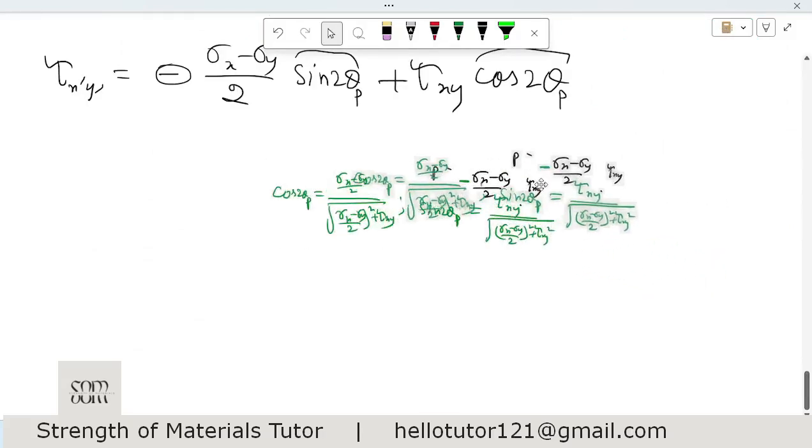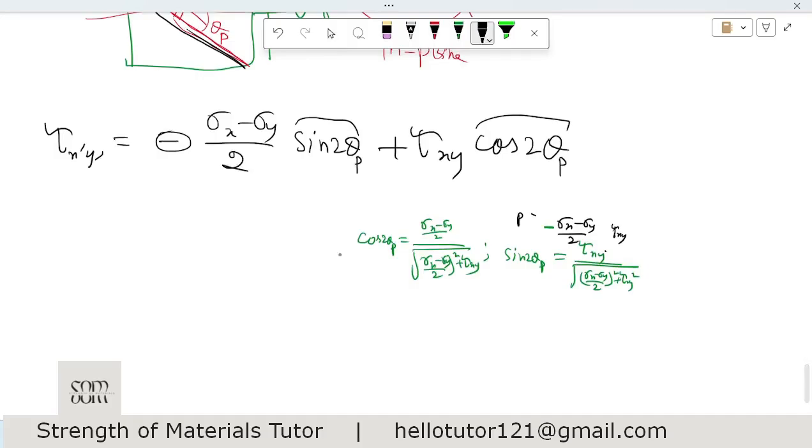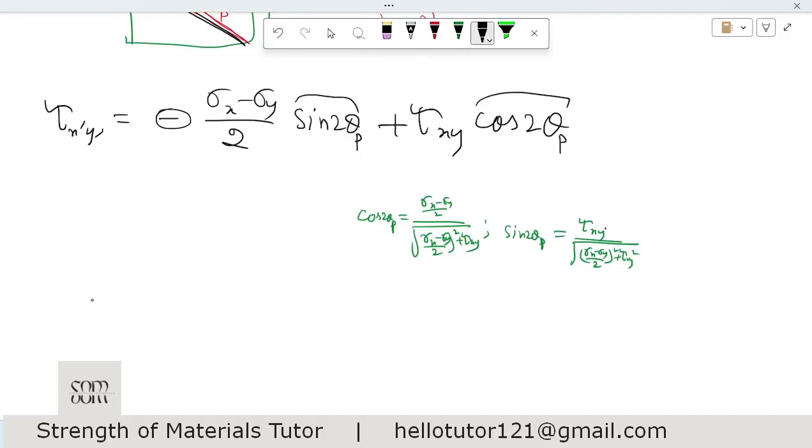So we know these values, right? This is the cosine of 2 theta p. Let me erase these things and put these values here. So it is going to be minus (sigma x minus sigma y) divided by 2.